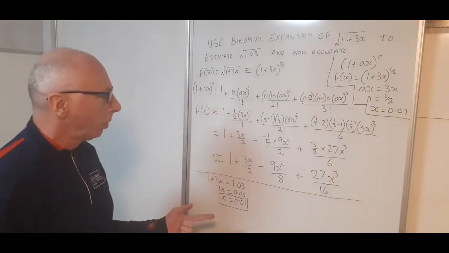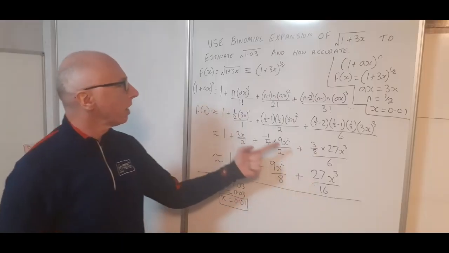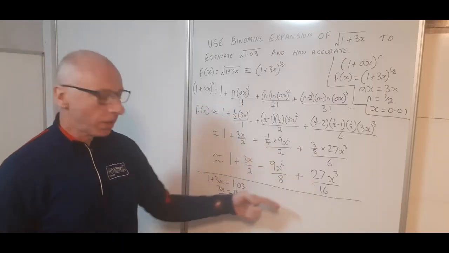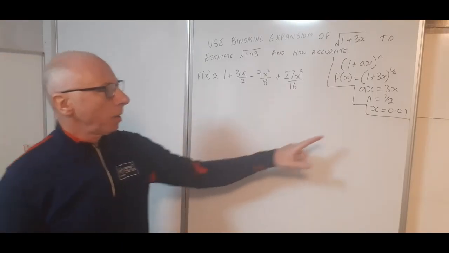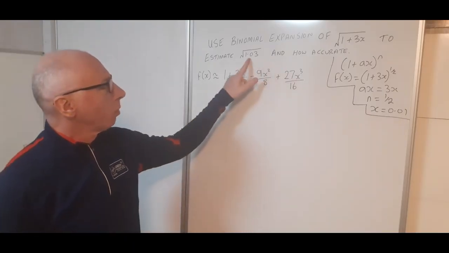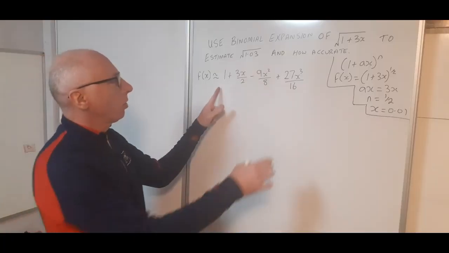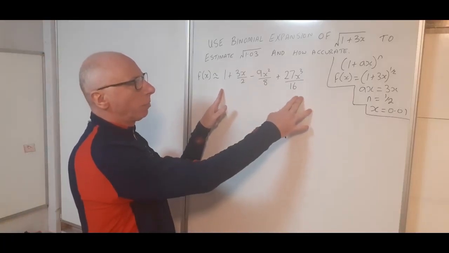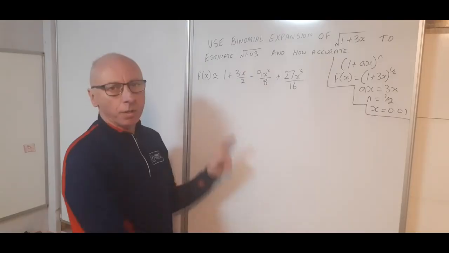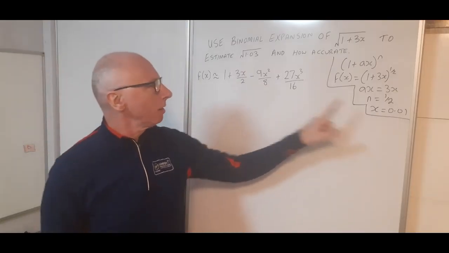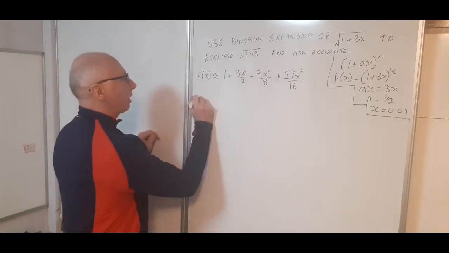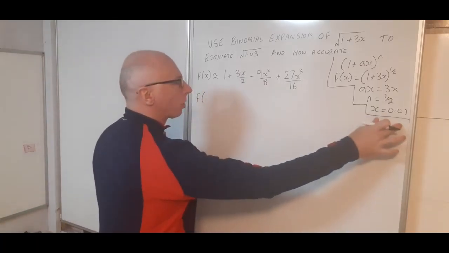Okay, I'm going to clear this off the board and then go into the next stage where we find an approximation for this. So I've got my x value to use to approximate the square root of 1.03. And here, using the formula, this is my approximation up to the x cubed term. So now all I need to do is plug this into this. So let's go with f of 0.01.